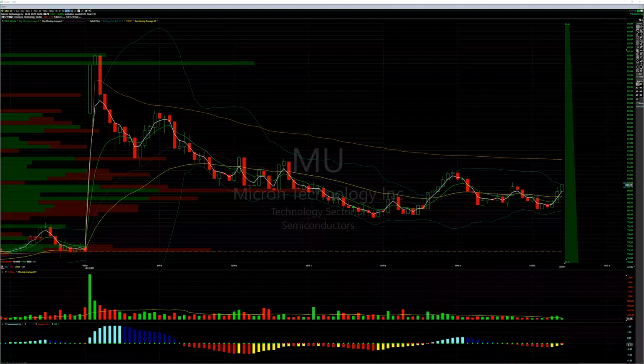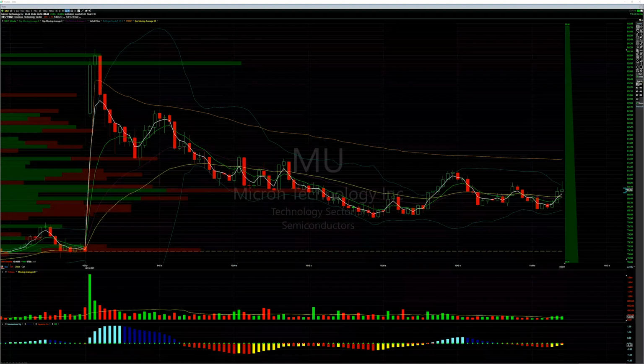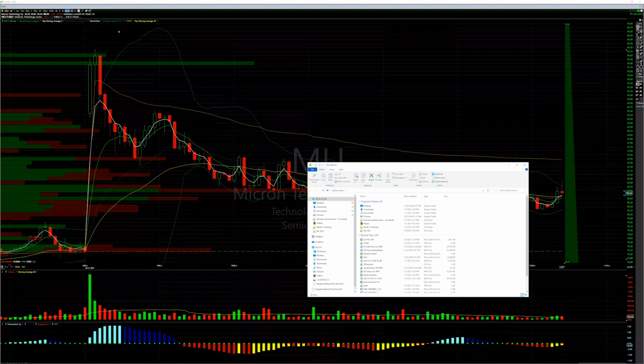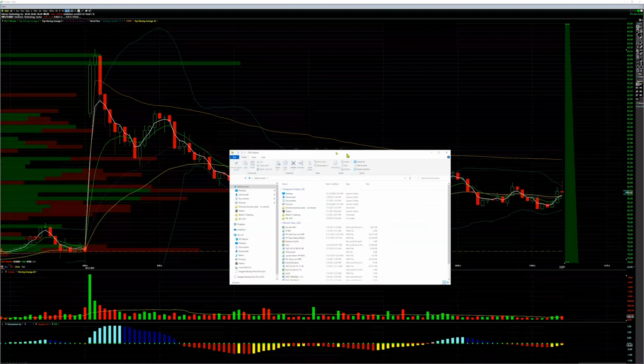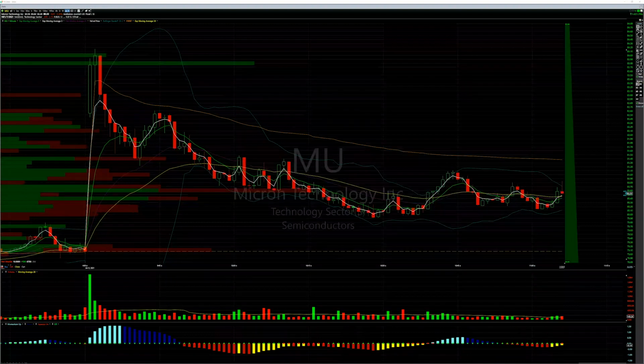Something that really helps: my favorite edges, or I should say indicators, are volume profile and volume. Now there's a book, and I don't want to share this link with you, but you can search for it.